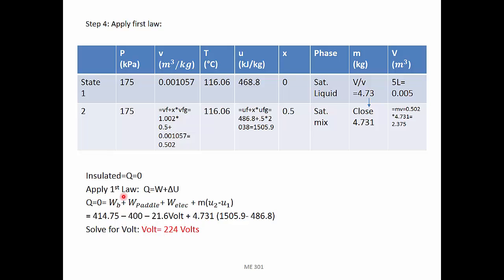And plugging all the work we found on the prior slide, plugging the number for mass from the property table, and plugging the internal energies from the property table, we then can solve for volt, since that's the only unknown I have in this particular equation. And we get the final answer to the problem that my voltage is 224 volts.